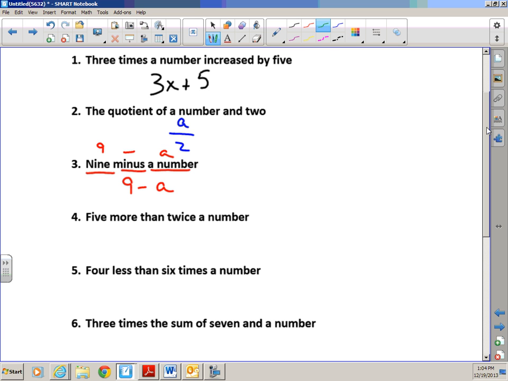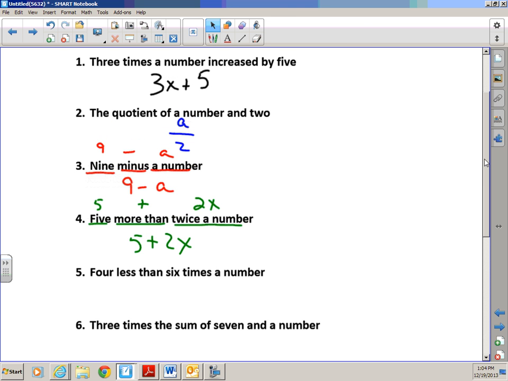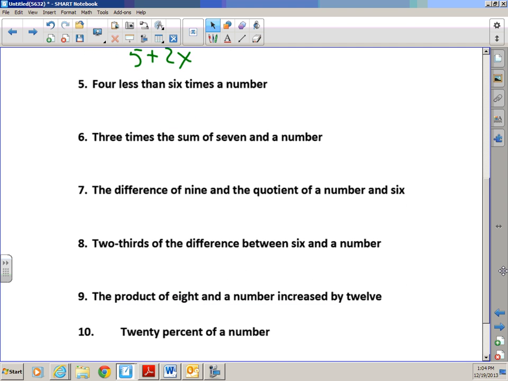Usually a good idea. 5 more than twice a number. Okay. 4 less than 6 times a number.